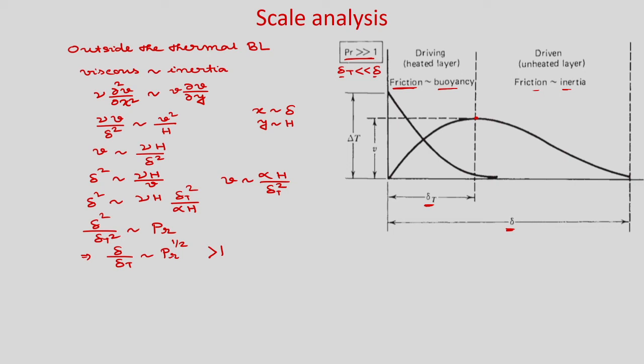Now, let us consider low Prandtl number fluids. Okay, that means Prandtl number will be much less than 1. So, in this particular case, as Prandtl number is low, inertia force will be dominant. Okay.